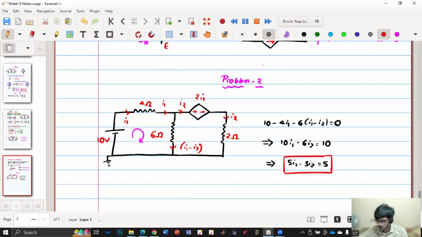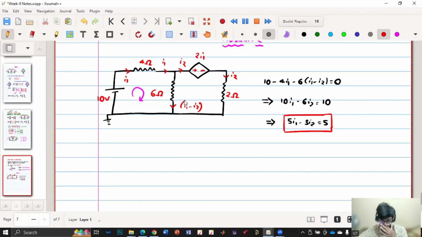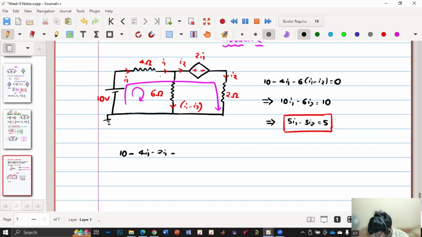This is one equation. I need another equation, so we'll traverse the outside loop. The equation will be plus 10 minus 4I1, minus 2I1, minus 2I2, equals 0.